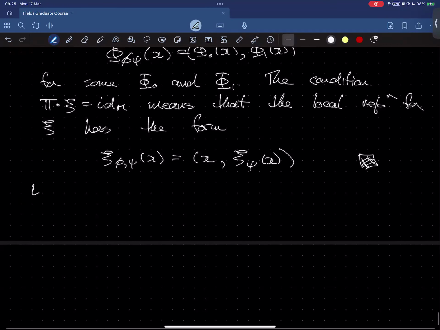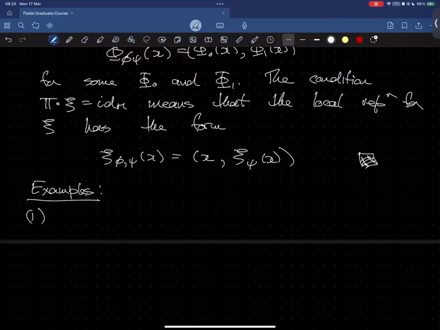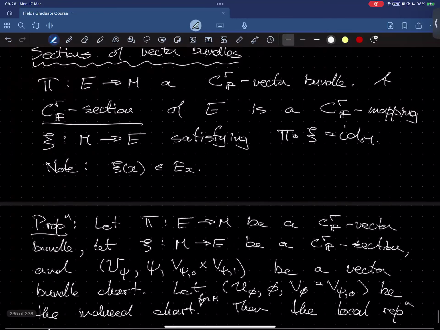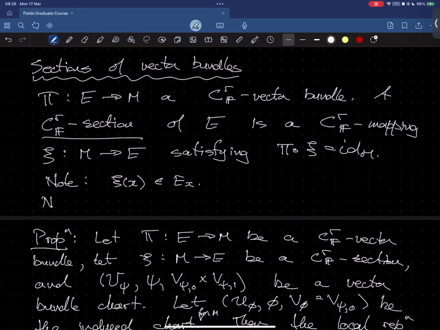All right, so examples. Every vector bundle has a particular section. So let pi: E to M be any vector bundle. I should also introduce some notation here.